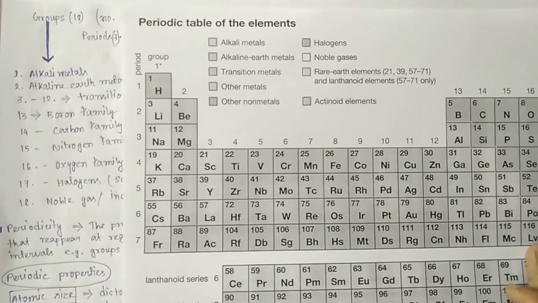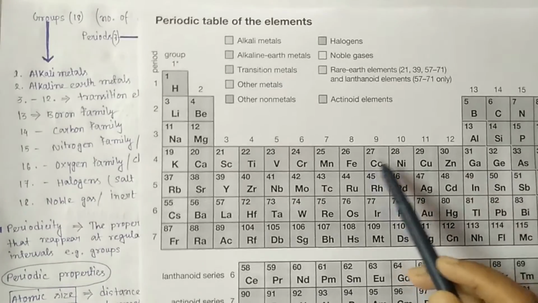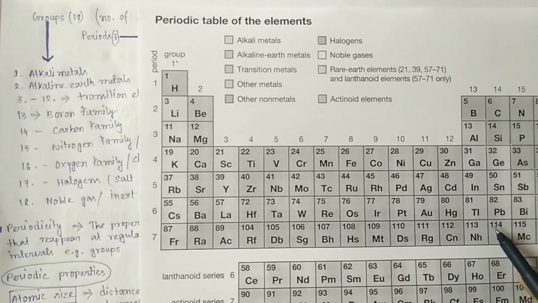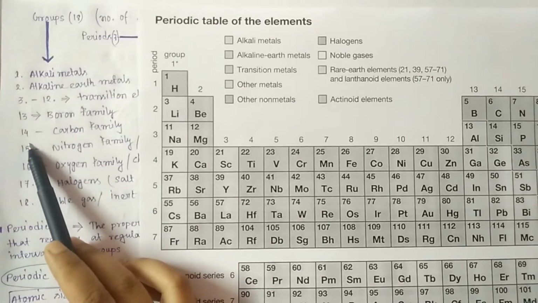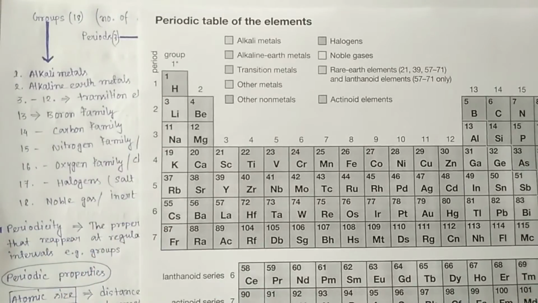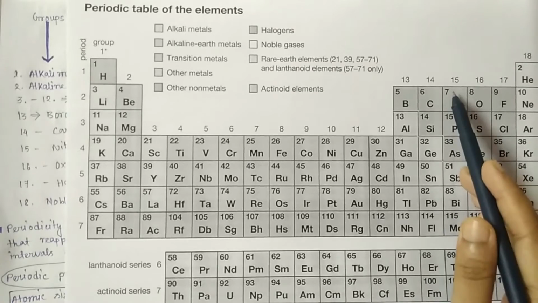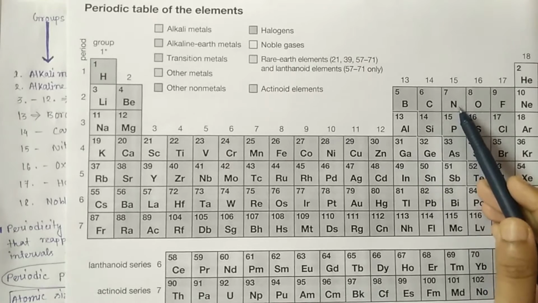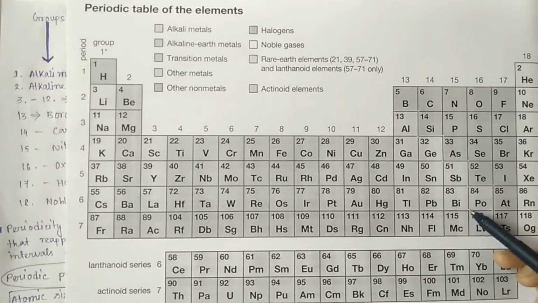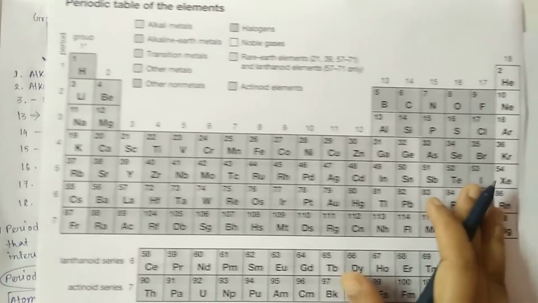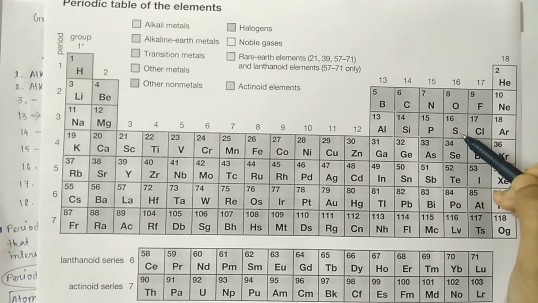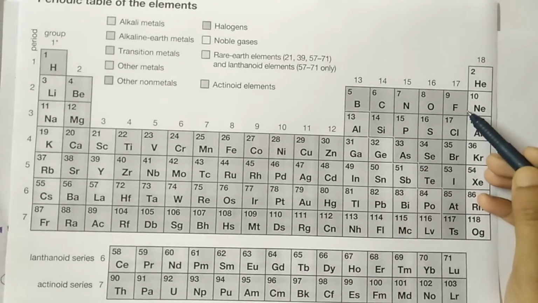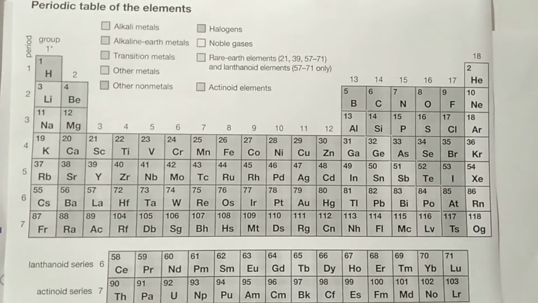We will see this. Group 13 is your boron family: boron, aluminium, gallium, indium, thallium. Then comes group 14, the carbon family. Group 15 is called the nitrogen group, as the first element of this group is nitrogen. Then comes your oxygen family, which we can also call chalcogens, where the elements are highly electronegative.